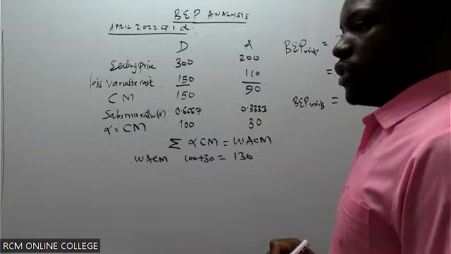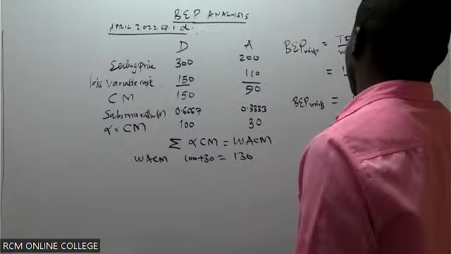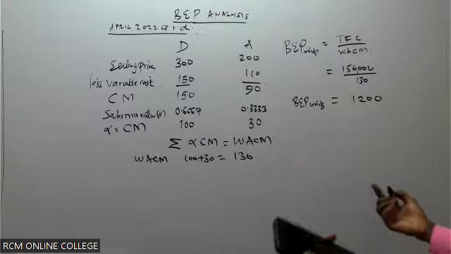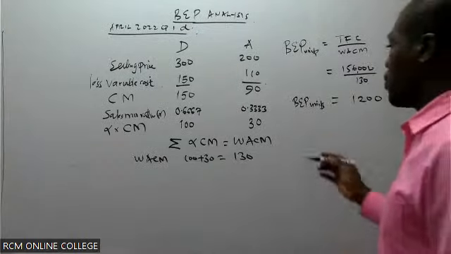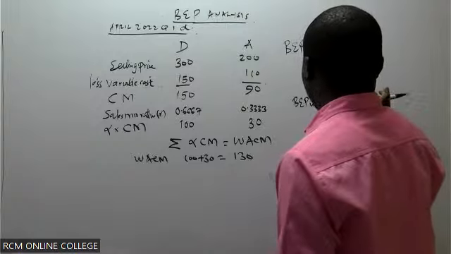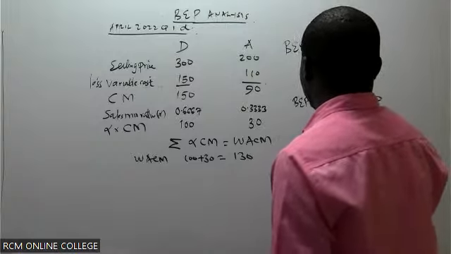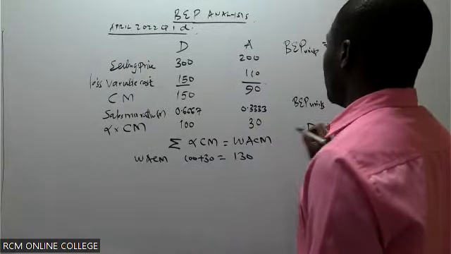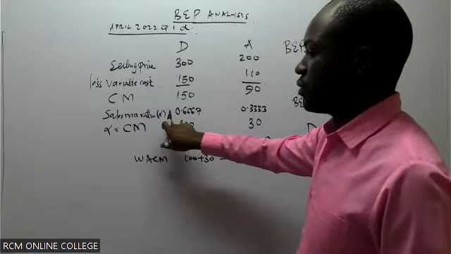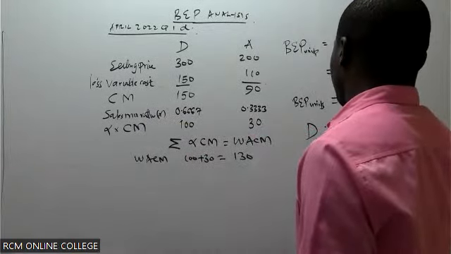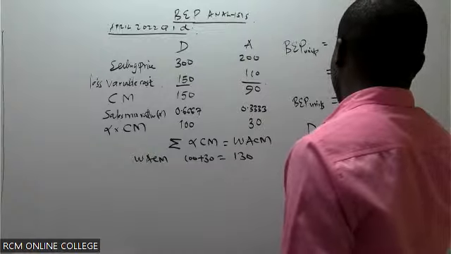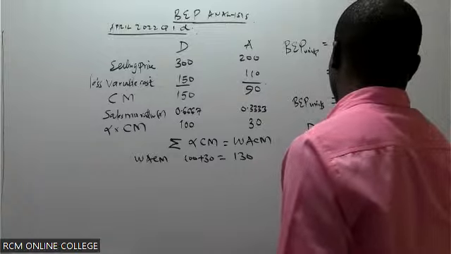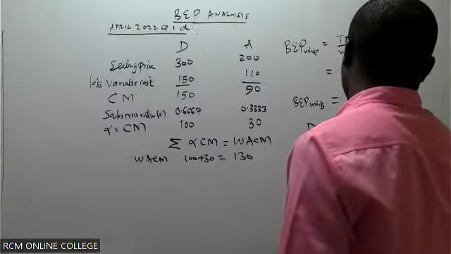What is our break-even point in units? 1,200. So you now want to distribute this 1,200 to the individual products. What number from this 1,200 will we give to D? D will have the sales mix ratio 0.6667, and of course A will take 0.3333, multiplied by the same amount.